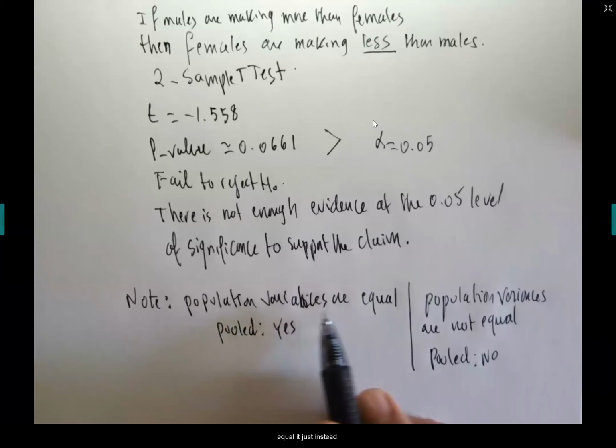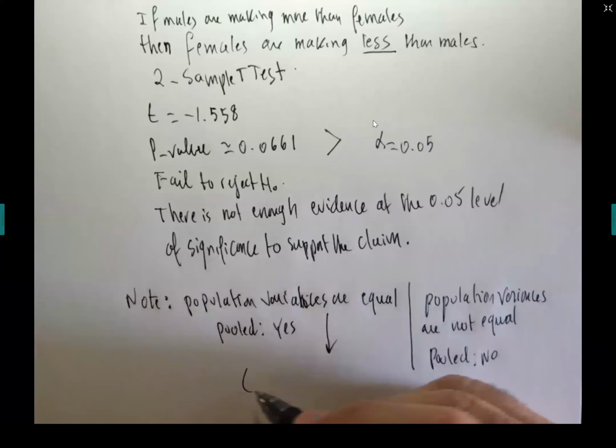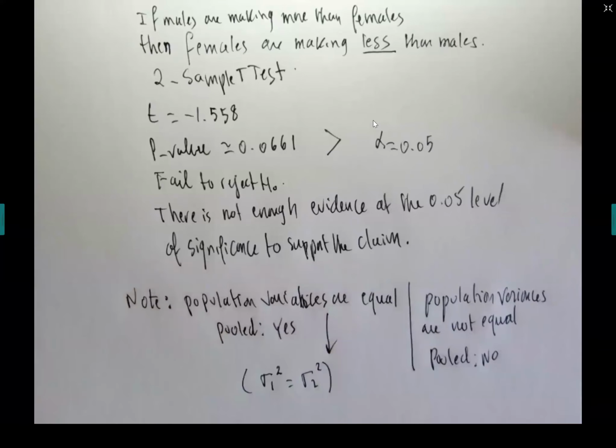It just instead in the book says this. Sigma 1 is population standard deviation. When you raise it to the second power, it will become population variances. So if you see something like that, guys, it's the same thing. Population variances are equal.